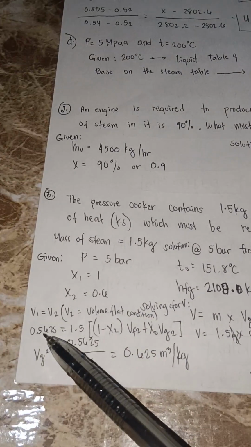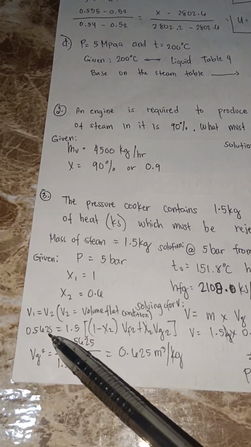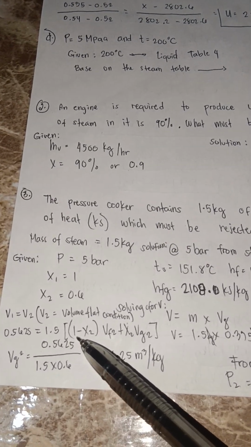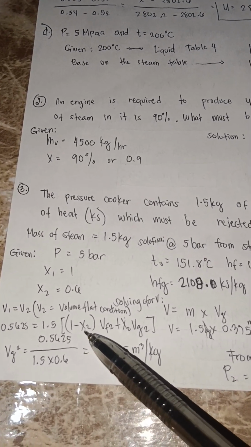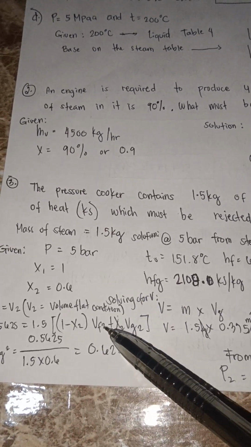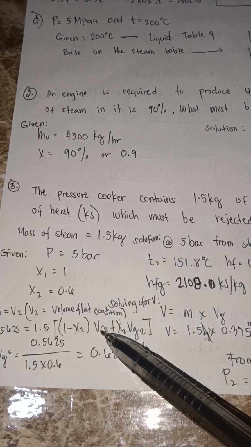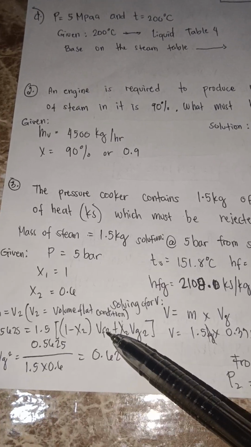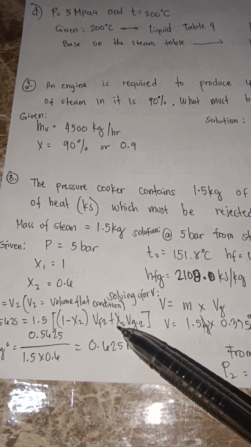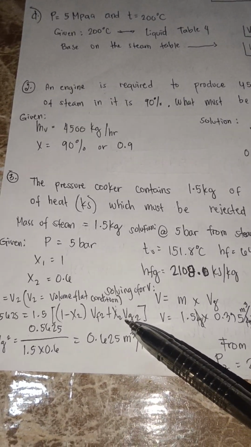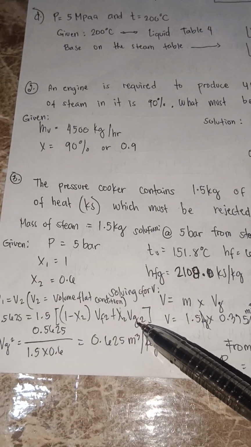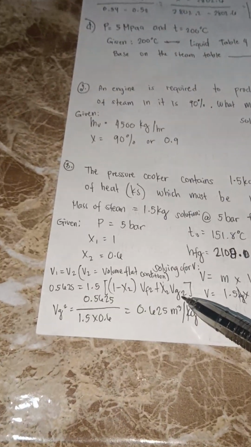So 0.56525 is equal to 1.5, parenthesis 1 minus x sub 2, the volume of the saturated liquid at final plus the x sub 2 times the volume of saturated vapor at final.